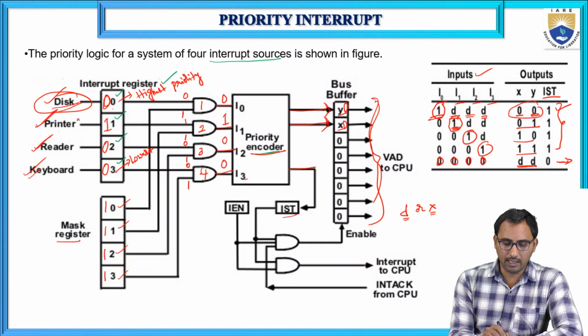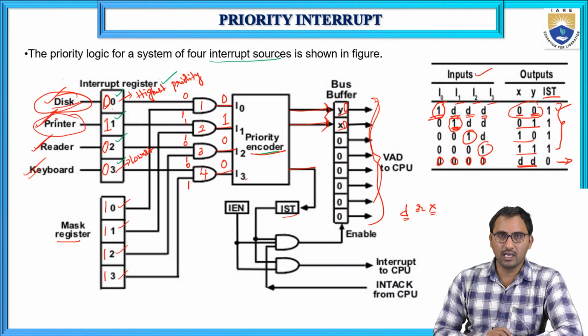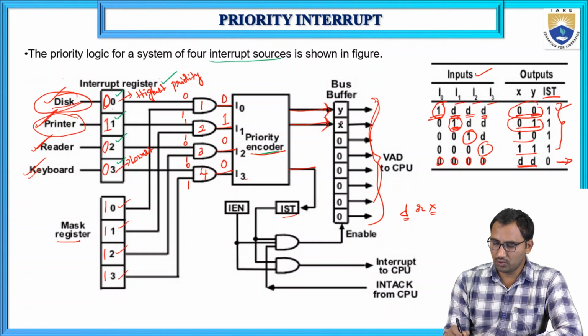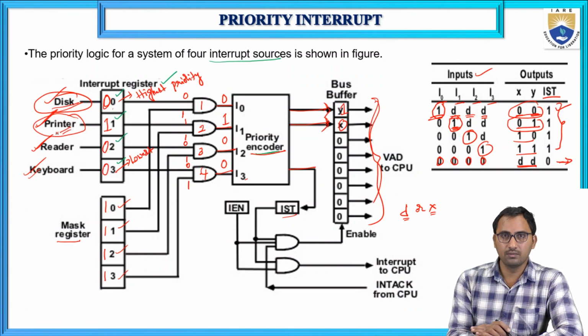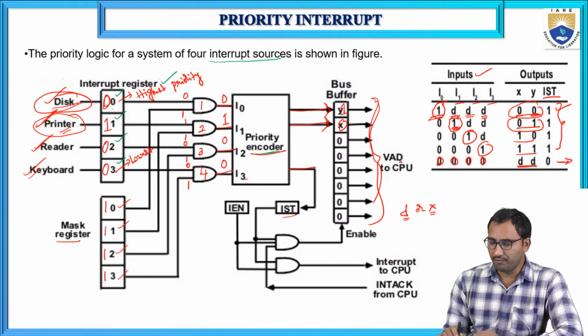Similarly, consider a printer. What will be the output of the printer? X is equal to 0, Y is equal to 1. So that means 1, 0, 0, 0, 0 like that. In that address, there is the ISR program associated with the printer. So that is a vector address to the CPU.